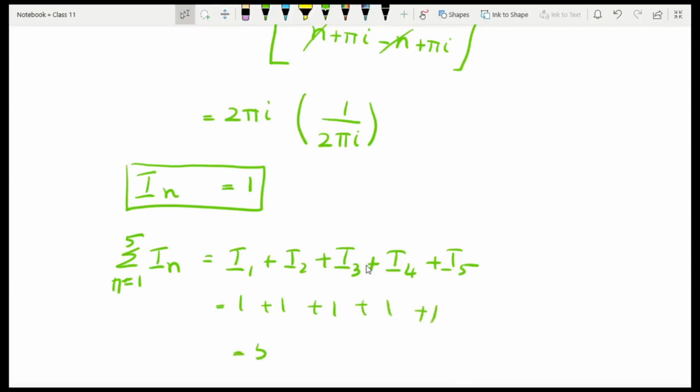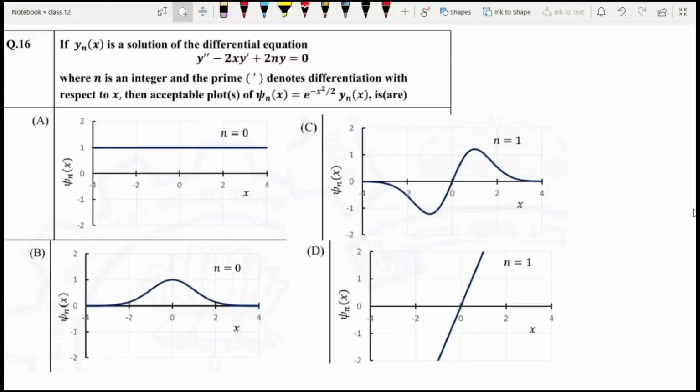That is 5. If yn of x is a solution of the differential equation y double prime minus 2xy prime plus 2ny is equal to 0, where n is an integer and the prime denotes differentiation with respect to x, then acceptable plots of psi n of x is equal to e power minus x square divided by 2 times yn of x are.